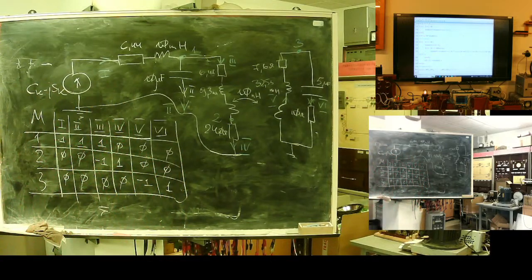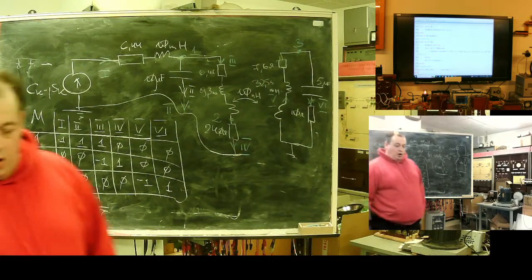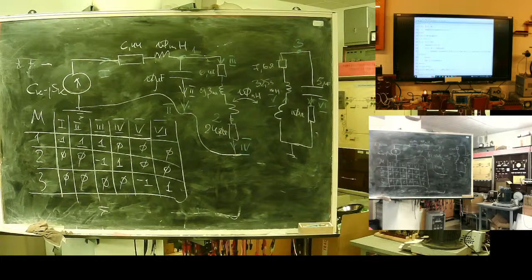Here is my first incidence matrix, or nodes-branch matrix. Need to write minus 1, 1, 1, 0, 0, 0, 0.